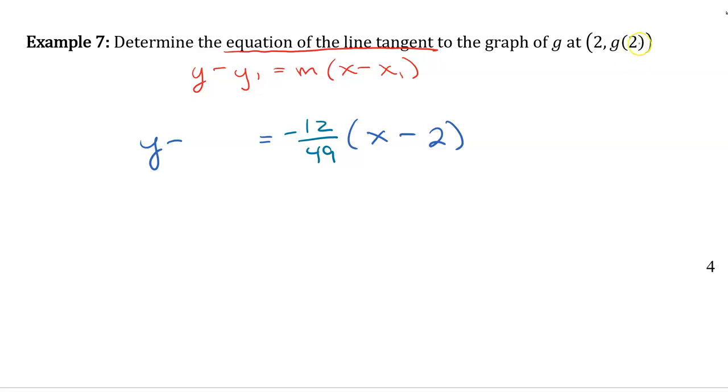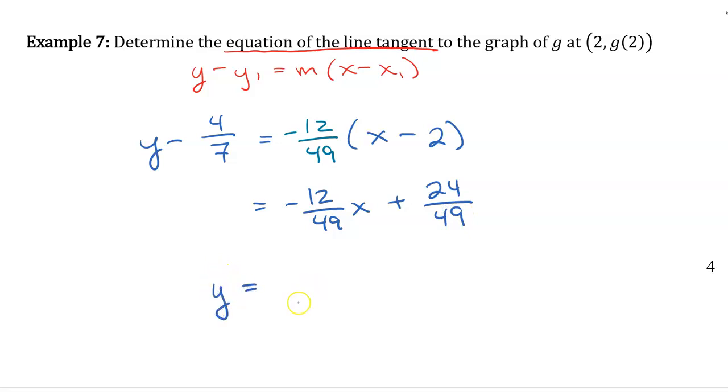Simple substitution. Notice that that's g of 2, not g prime of 2. So you're plugging that into the original, not the derivative. So that would be 4 over 7. And solve for y. So, negative 12 over 49x plus 24 over 49. Add 4/7 to both sides.